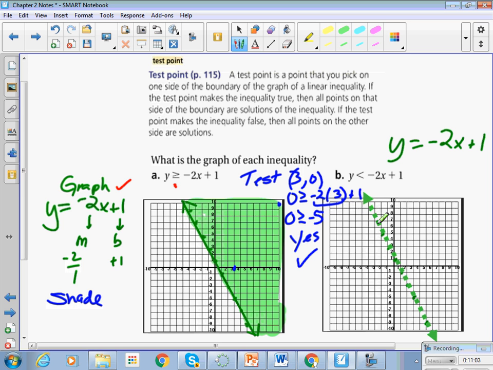And I'm going to start at my line, and then I'm going to shade everything below. You follow the inequality. This inequality says all my y values are smaller than the line. So that means lower. Why is everything down below?